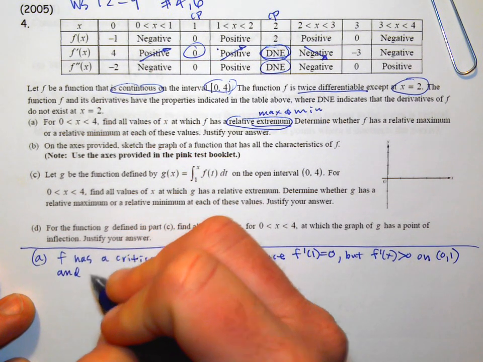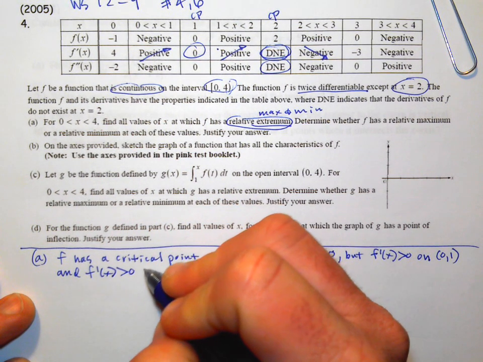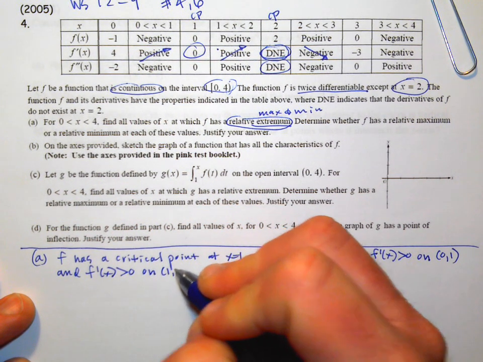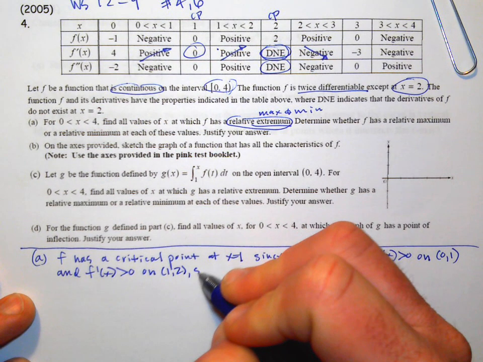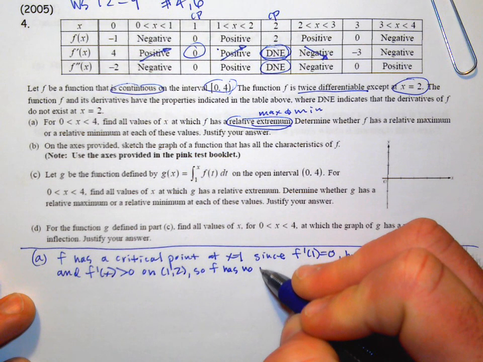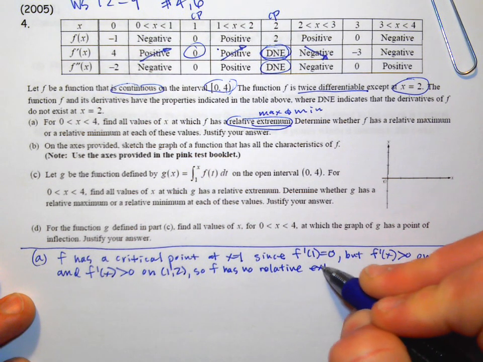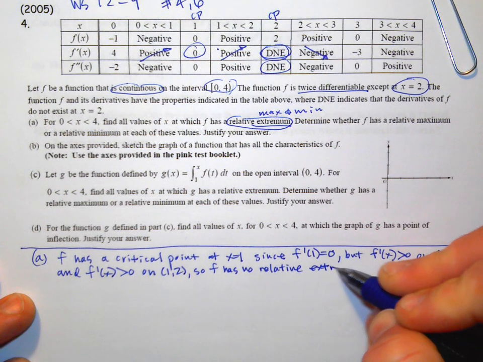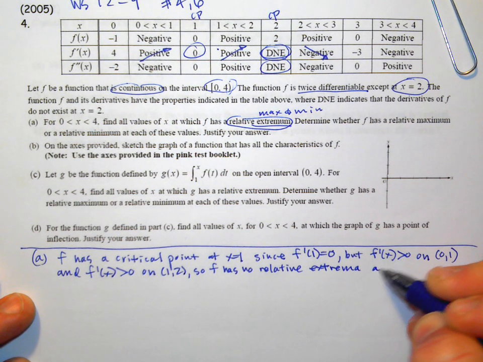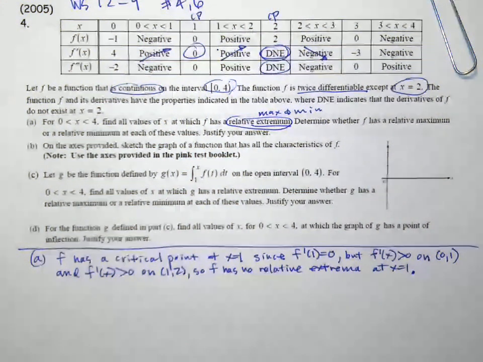And f prime of x is also positive on the interval directly to the right, 1 to 2. So f has no relative extrema at x equals 1. So I'm just putting my thoughts down that I looked at that one.